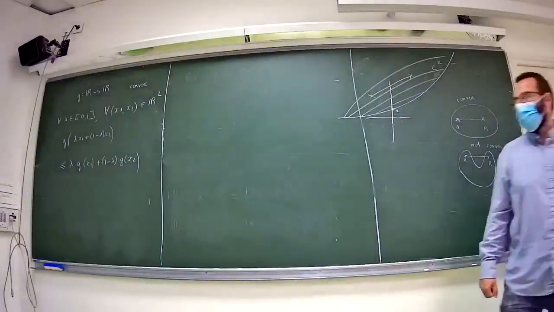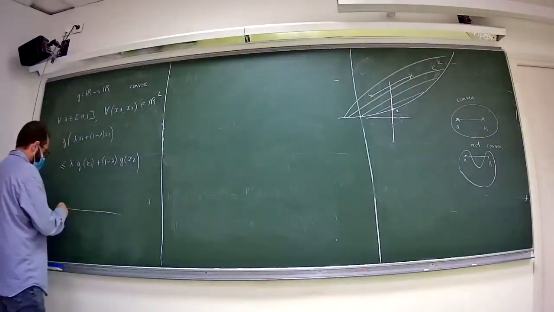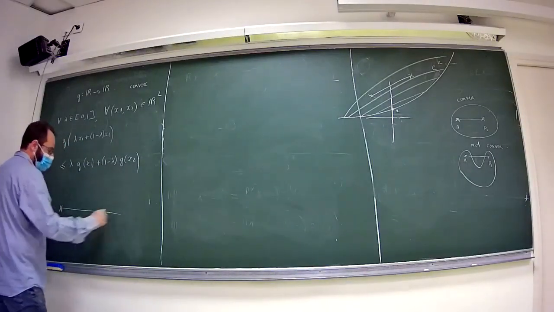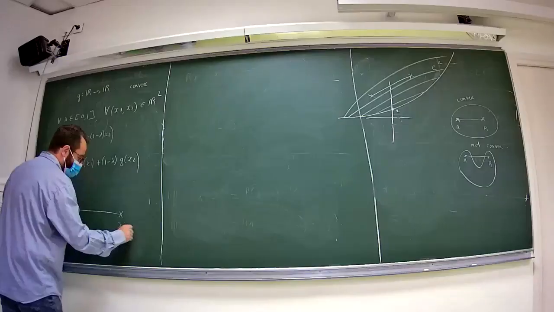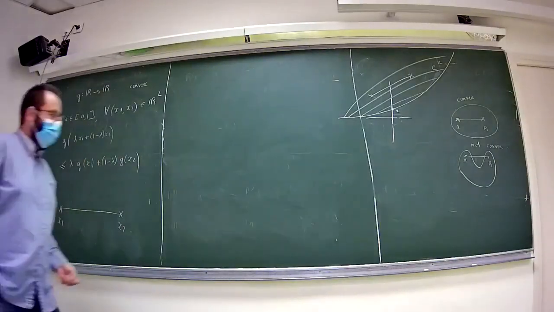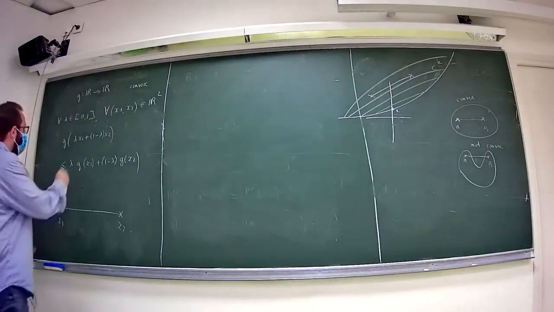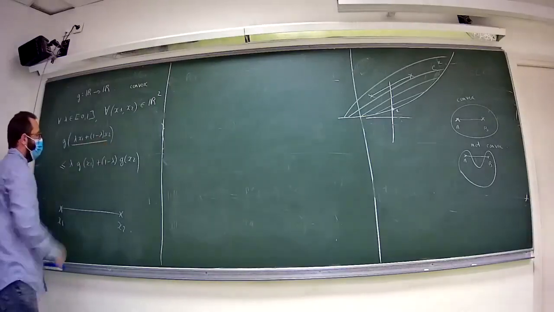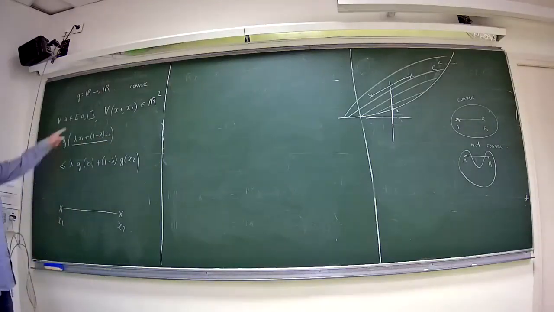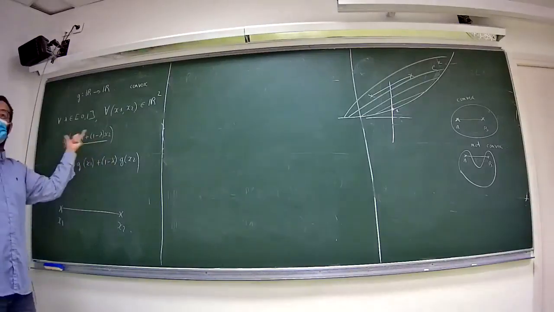So I repeat, I have my 2 points here, x1 and x2. Suppose that they are this way. If I take lambda in [0, 1], where do I have to plot this point here? Lambda is in [0, 1]. It's important to have lambda in [0, 1]. It's what we call a convex combination here.